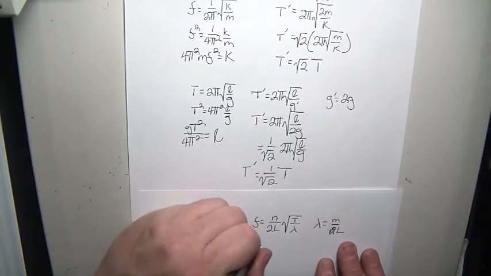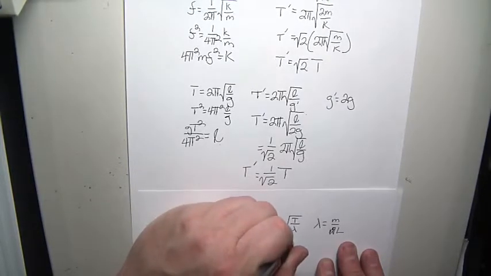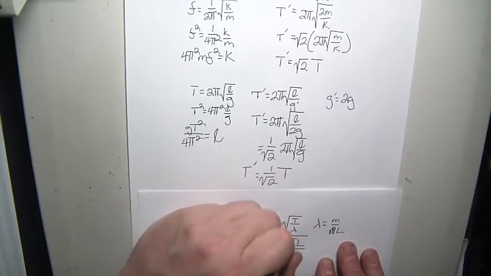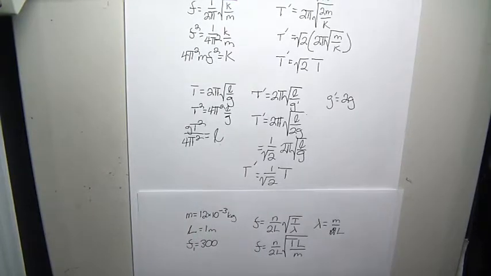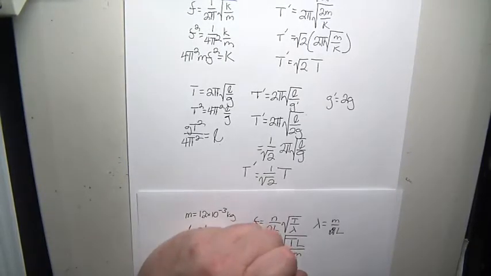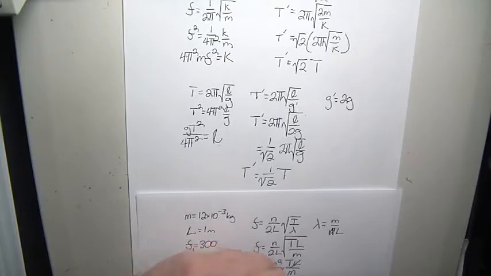So this becomes F equals N over 2L square root of T big L over M. Square both sides. One of the L's cancels. Solve for T. And you got it.